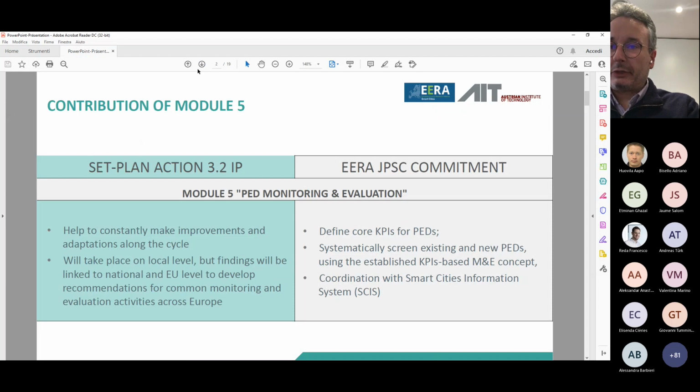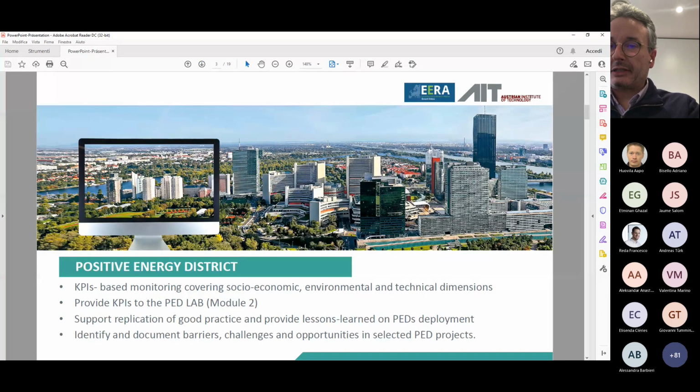Thank you. The Aerodrome Program Smart City is internally organized in mirror groups that mirror several European activities, such as the previous implementation group of the SET Plan Action 3.2. That was the working group that prepared the PED initiative on the European level. One of the topics identified there was the need for improved monitoring and KPIs for positive energy districts.